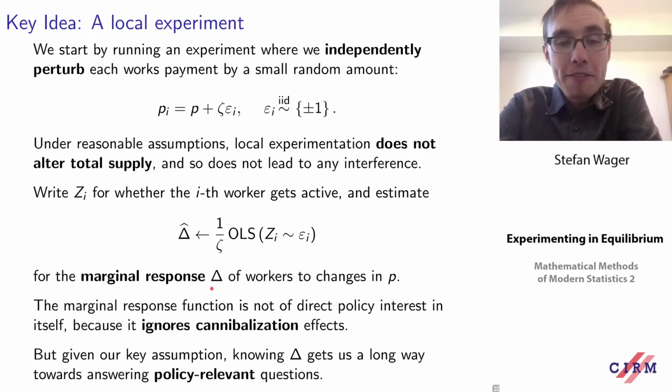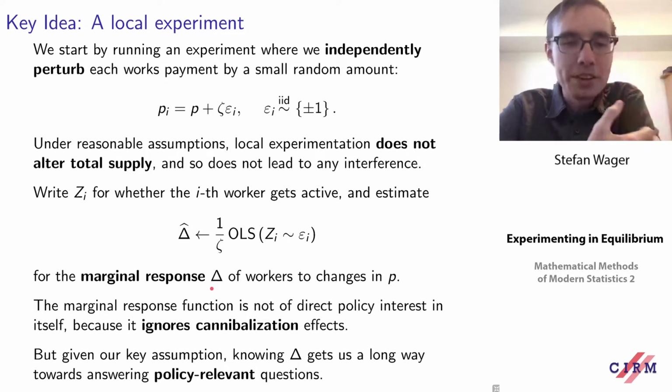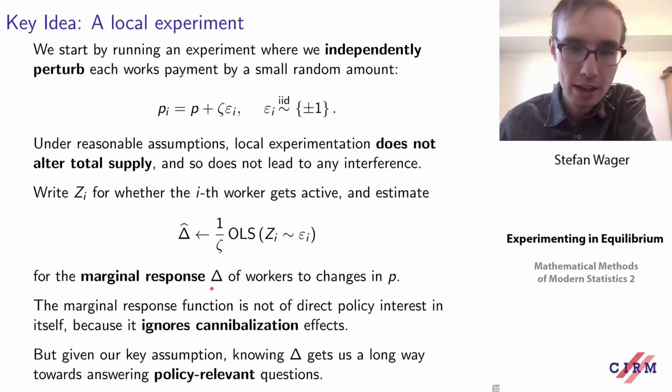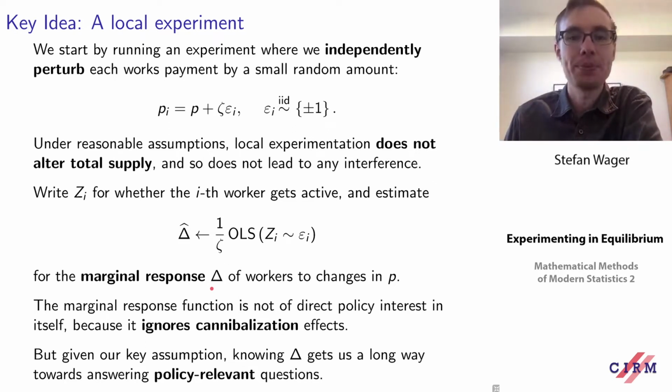Similarly, if you've thought about the interference literature a lot, this is very closely related to what's often called the direct effect in that literature, because it measures how, if I change your payment, that affects your marketplace participation. And then there's also the indirect effect: if I pay everyone else more, how does that affect your marketplace participation? Okay, this is just to get ourselves oriented. The learning approach I'm going to talk about soon is centered around what you can do once you've run this experiment and recovered this delta hat.